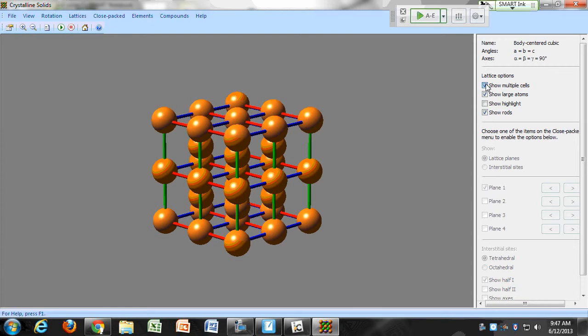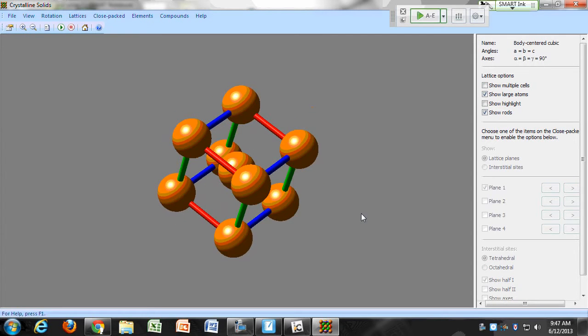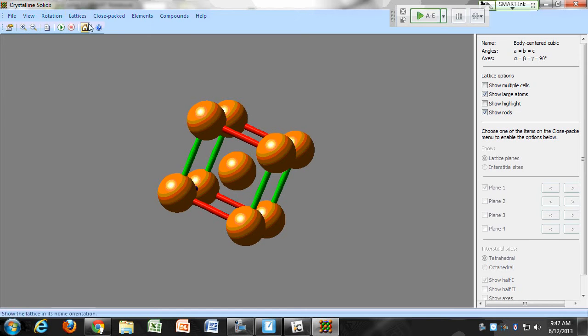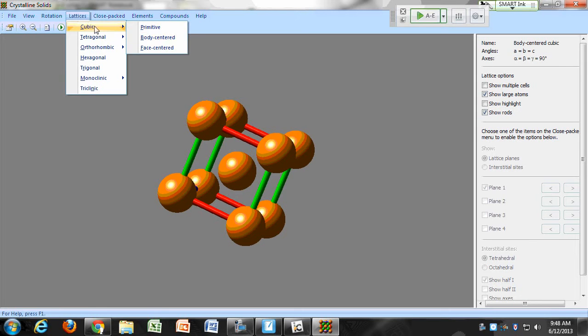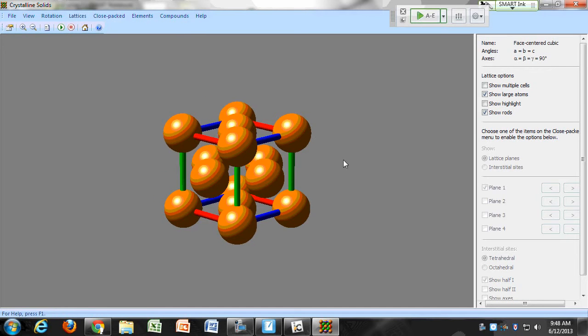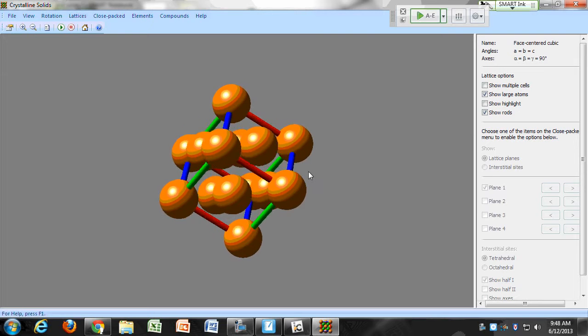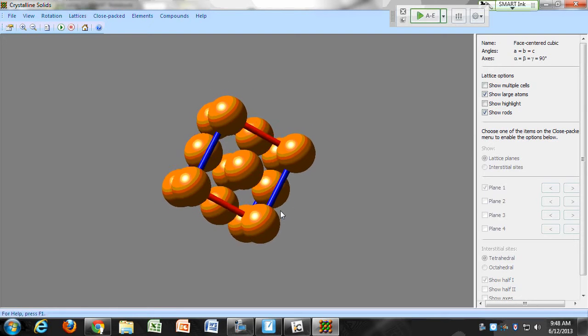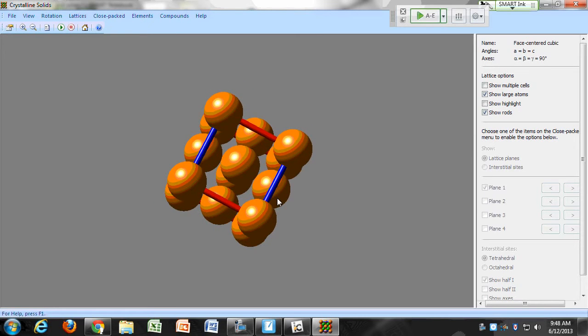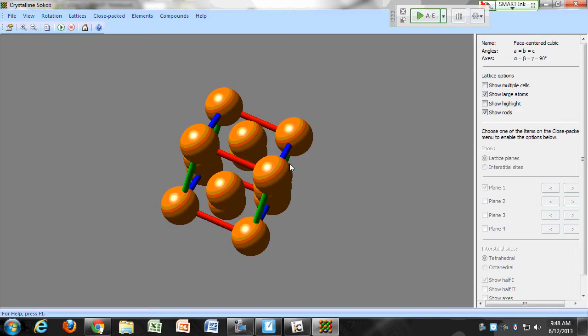Okay, this is your one cell. You got one in the middle. That's easy to visualize. But if you have face-centered, look at that. At each of the 6 faces, so here's one face right here. There's an atom on that face.